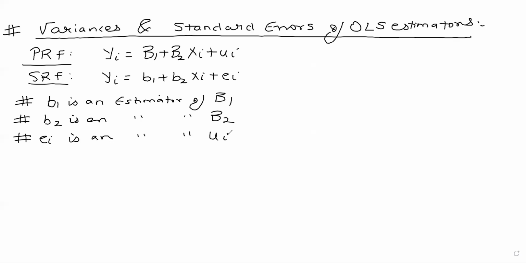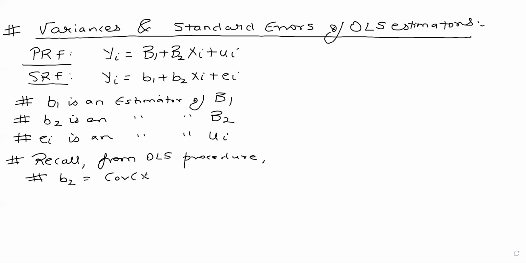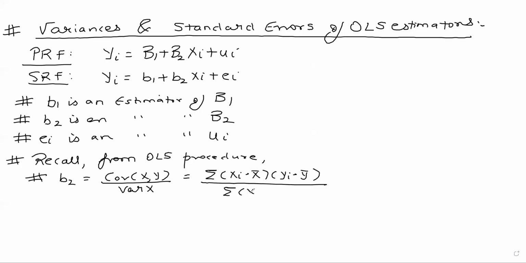And if you all can recall, from the OLS procedure, our b2 had come out as, please refer to my previous lecture, covariance of xy upon variance of x, which was nothing but summation xi minus x bar into yi minus y bar upon summation xi minus x bar whole square.